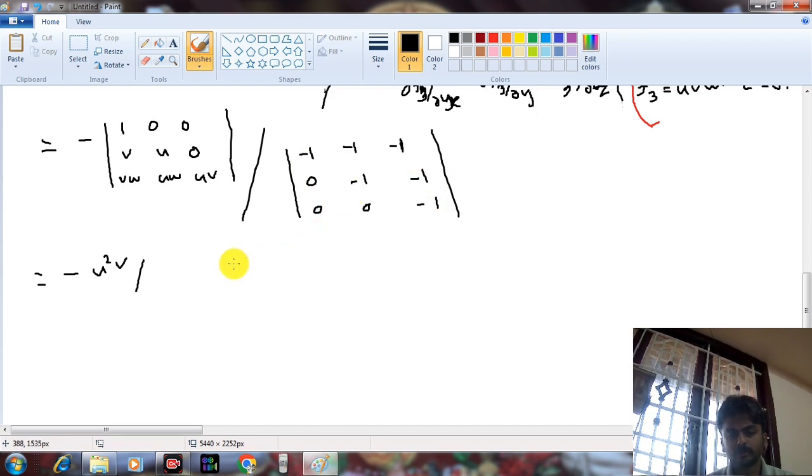See here in the denominator we have minus 1 of 1 minus 0, and then minus of minus will become plus, since we are taking the determinant.